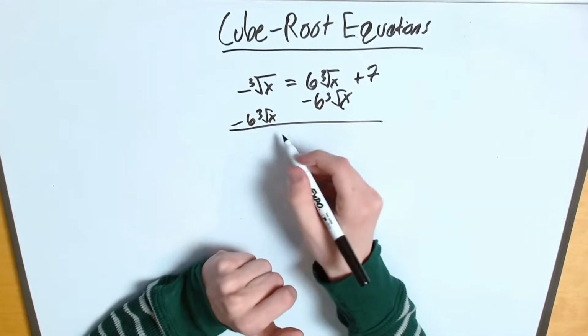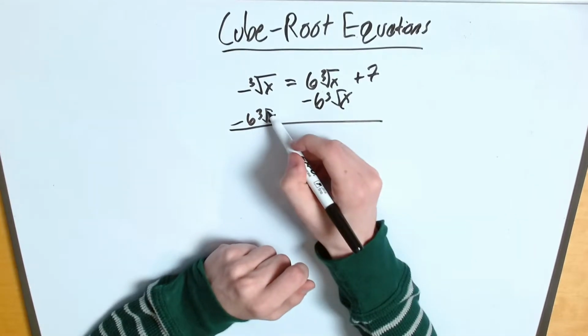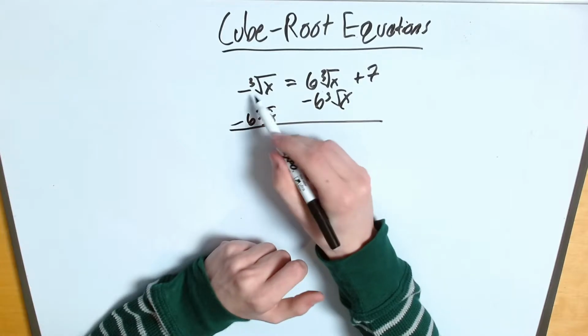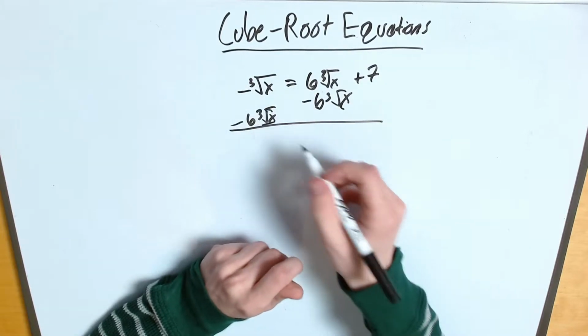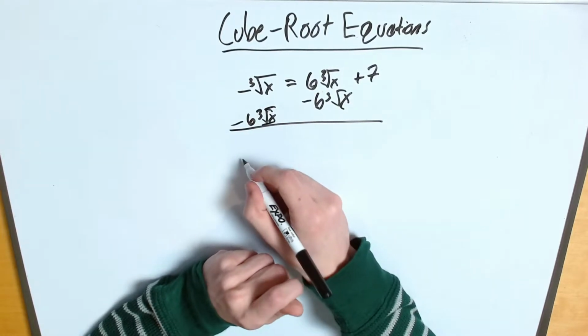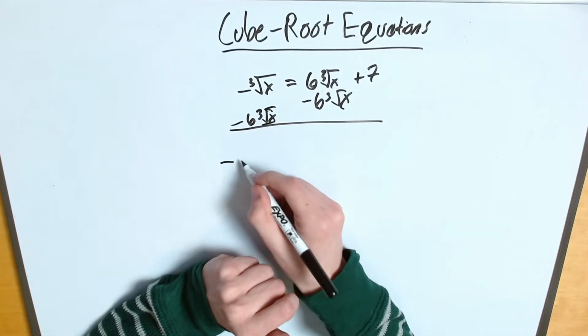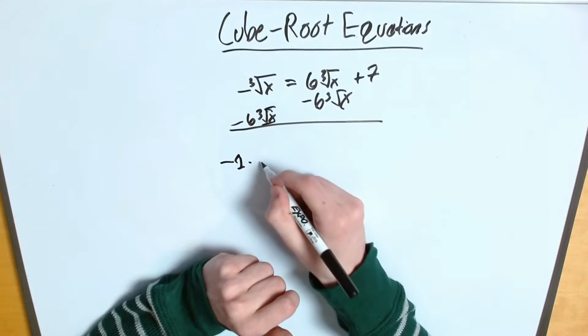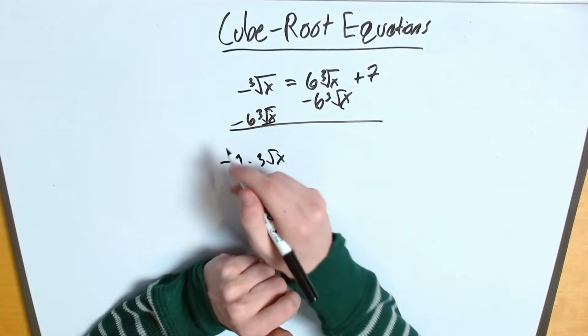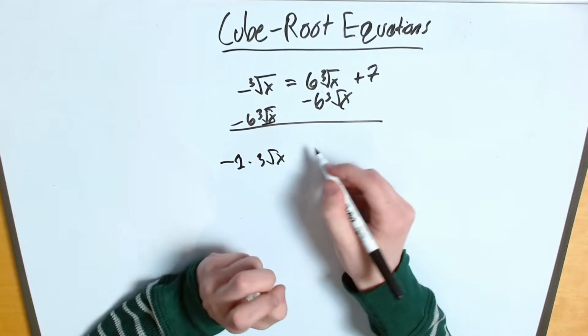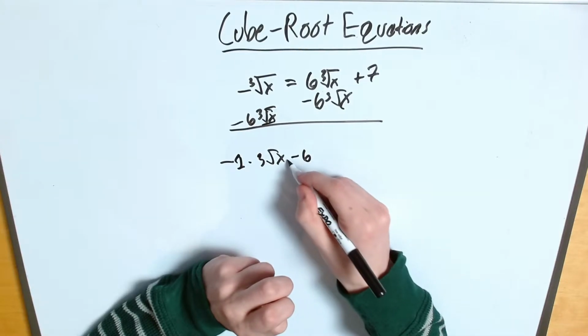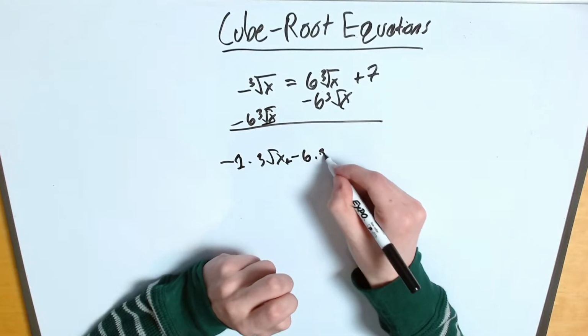Now, since these are both terms with the cube root of x, I can actually combine them. The negative cube root of x is really just negative 1 times the cube root of x, and the negative 6 cube root of x is really just negative 6 times the cube root of x.